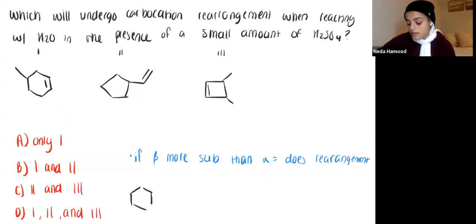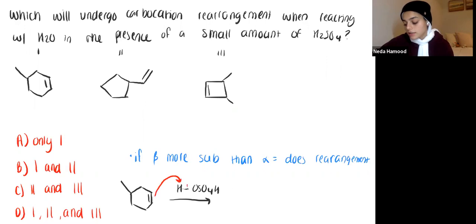So we have this, and then you have H, and I like to write it as SO4H, and then this double bond, which has electrons, is grabbing the hydrogen, and then this is happening. Does that make sense?